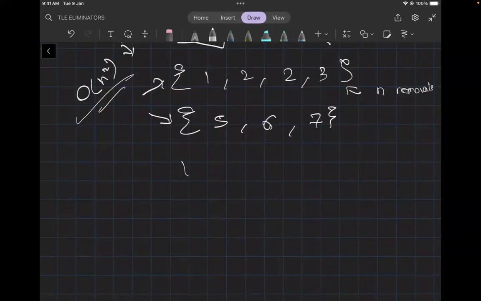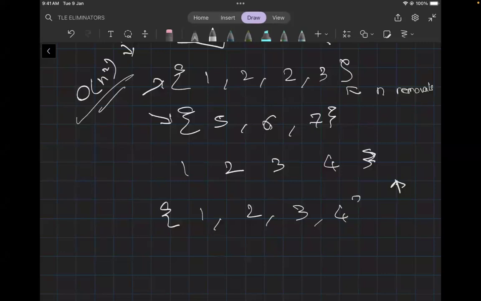Basically, if the array is 1, 2, 3, 4, 5, in whatever order it is, at the end the taken multiset will have the first however many sorted elements, and all others will be removed. And once these are put in, they will never be removed.